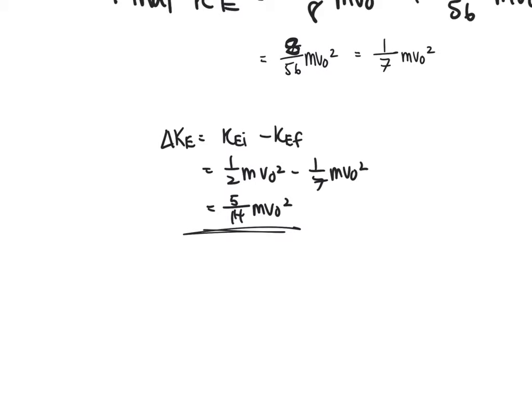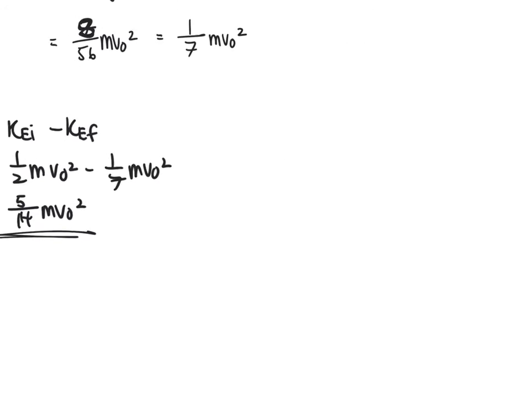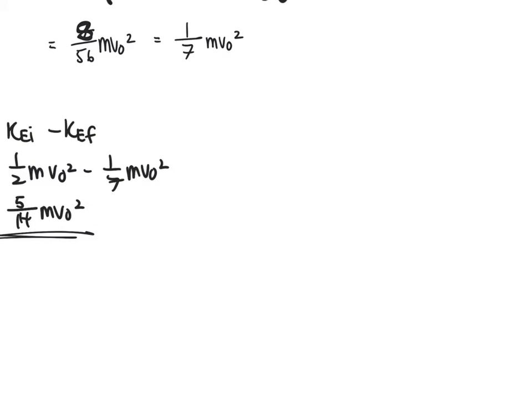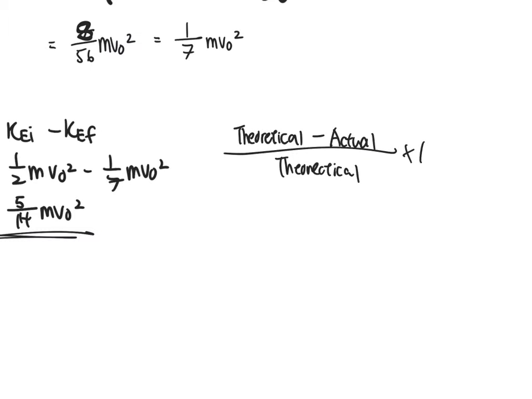Because your delta KE over the beginning, that's the same as theoretical subtracted by actual, which is your loss, and then divided by your theoretical, times 100%.